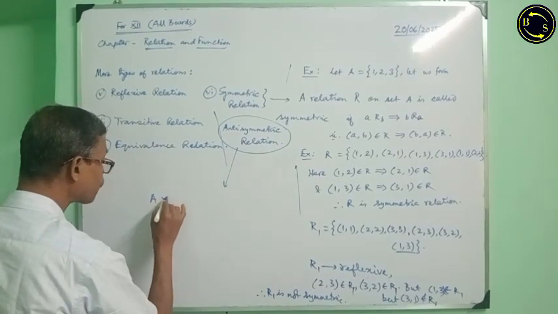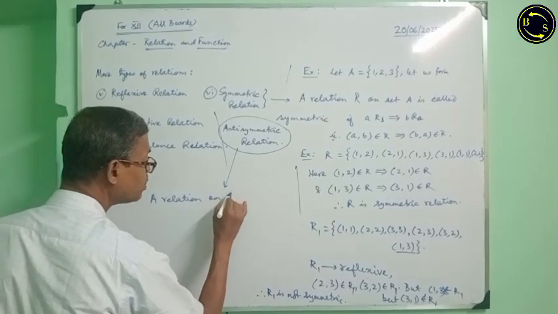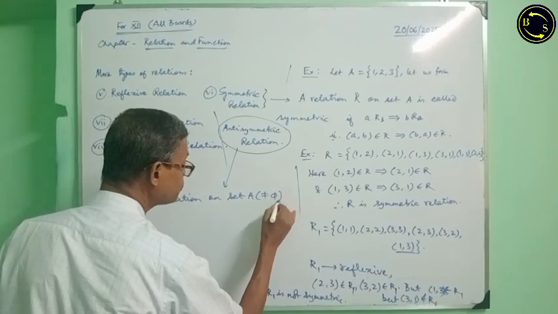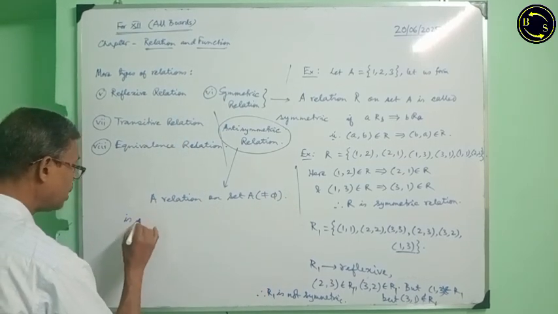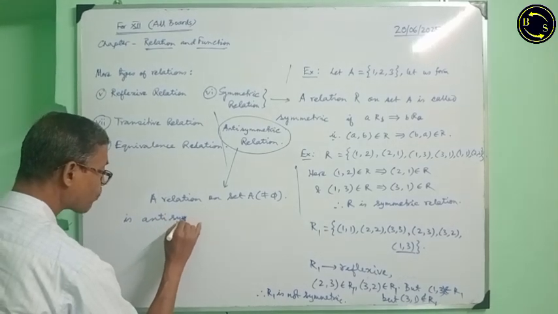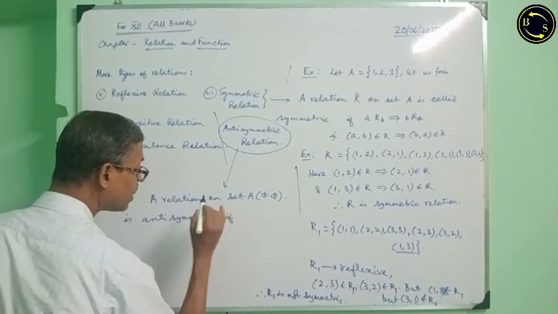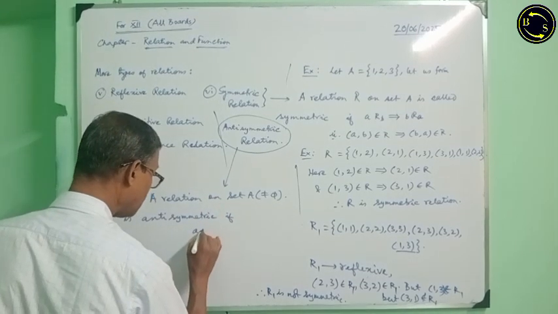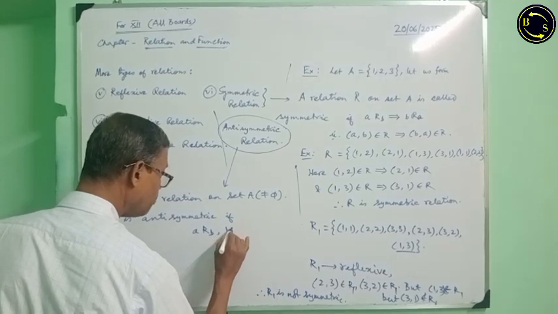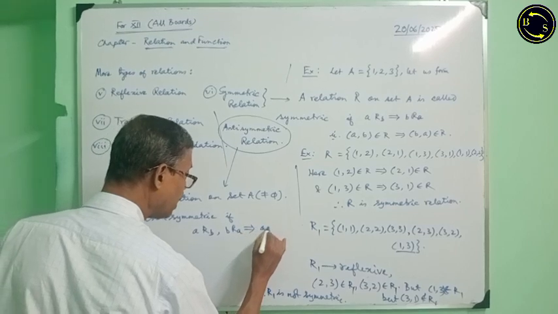A relation R on set A is antisymmetric if aRb and bRa imply a equal to b.